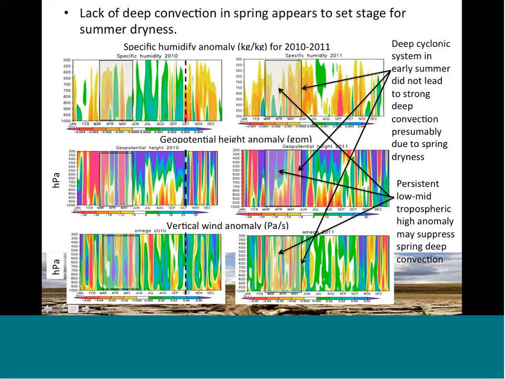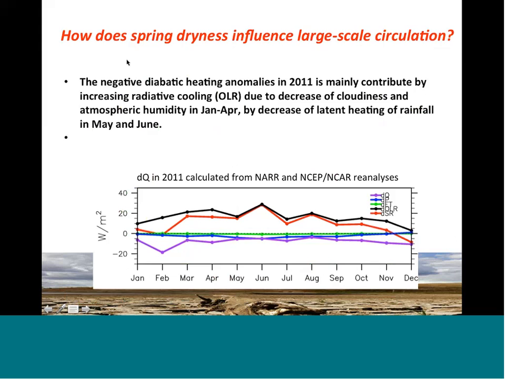And there is also an indication that due to surface dryness, even when you have strong synoptic activity that gives you a very deep low pressure system, you don't really see a deep penetration of moisture. So you see very deep low pressure anomalies, but not deep moisture penetration, which suggests the surface dryness perhaps suppresses convection even when you have favorable synoptic conditions.